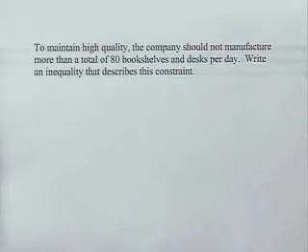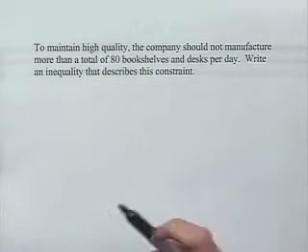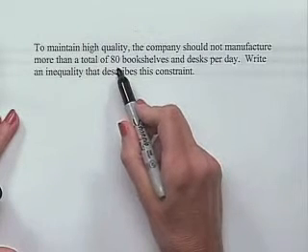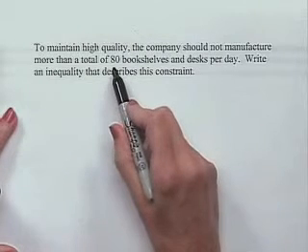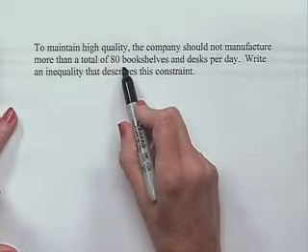The following problem is a continuation of our previous checkpoint. To maintain high quality, the company should not manufacture more than a total of 80 bookshelves and desks per day. Write an inequality that describes this constraint. Now, this is called a constraint because we are constrained, that is, held back, by the fact that we cannot manufacture more than a total of 80.